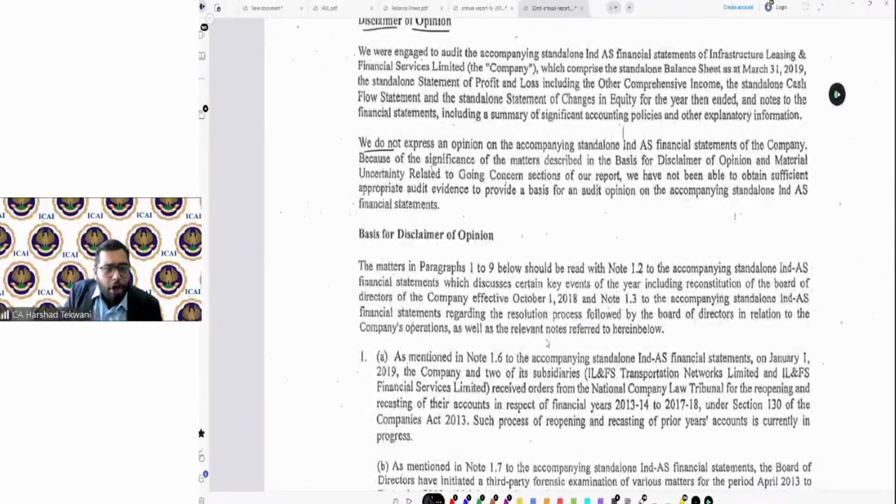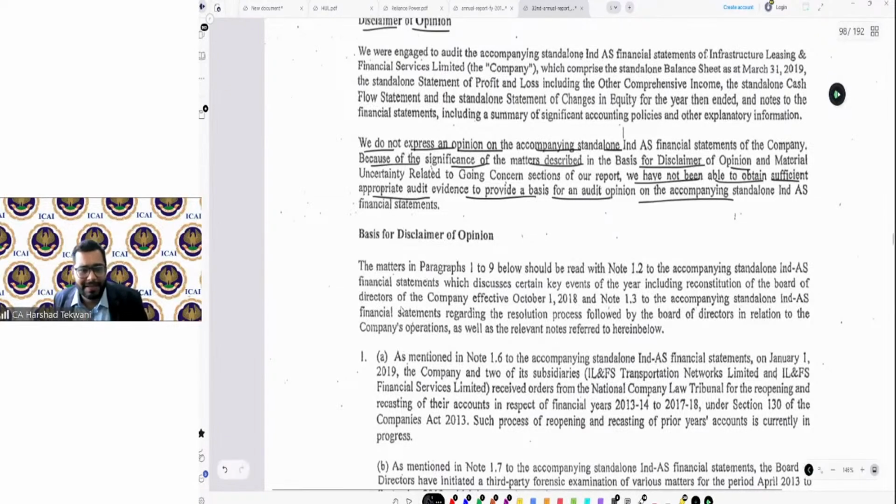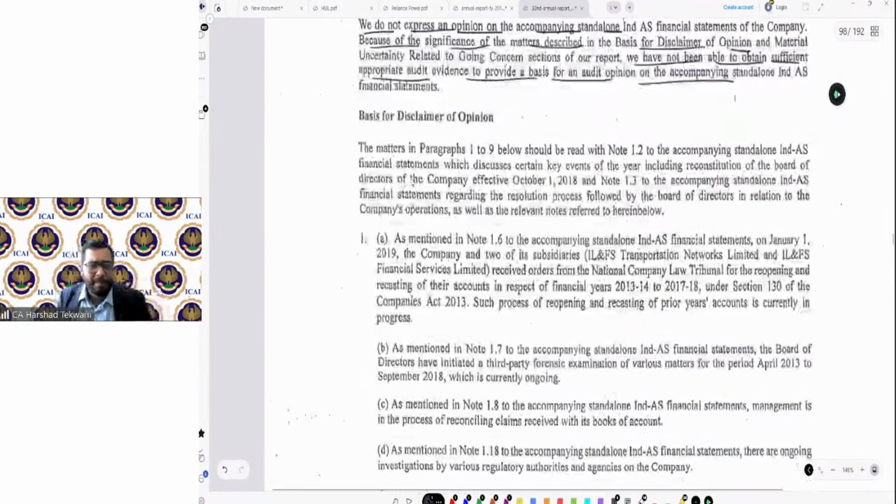Like, we do not express an opinion on the accompanying standalone financial statement because of the significance of the matter described in the basis for disclaimer of opinion. And we have not been able to obtain sufficient and appropriate audit evidence to provide a basis for an audit opinion on the accompanying financial statement. And in the basis for disclaimer of opinion, you have all such details.